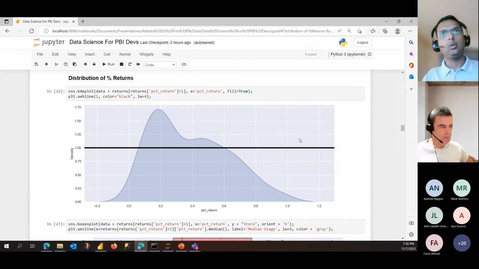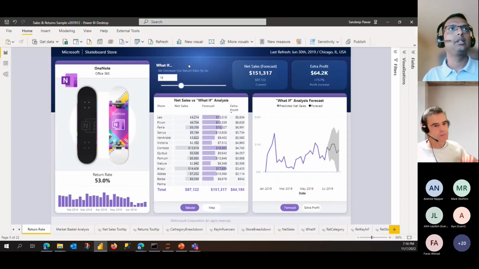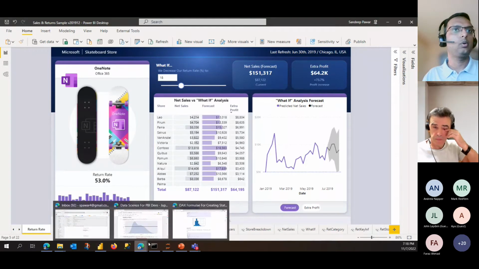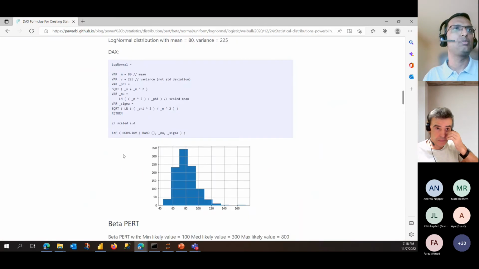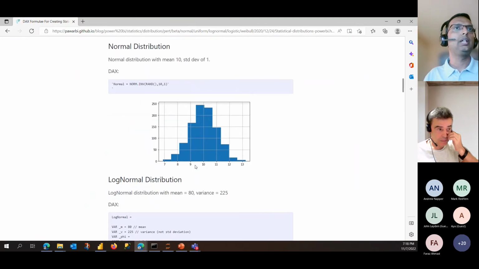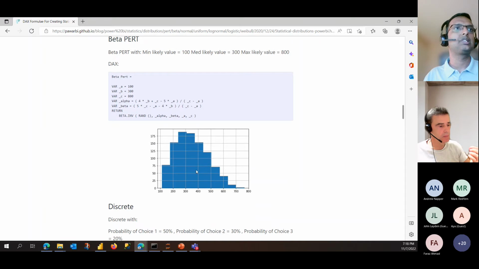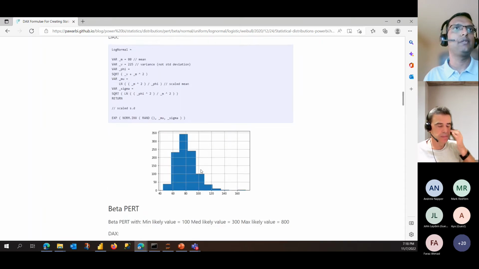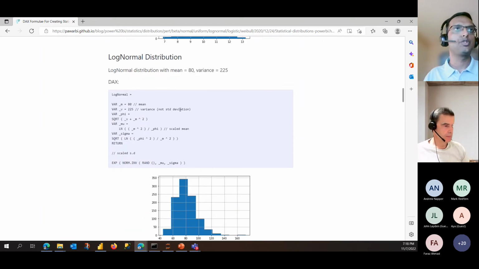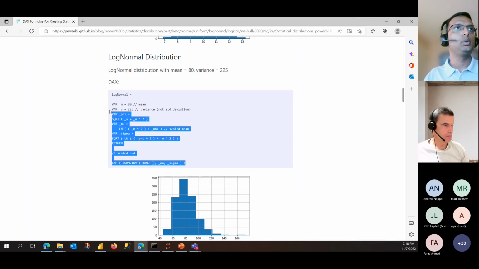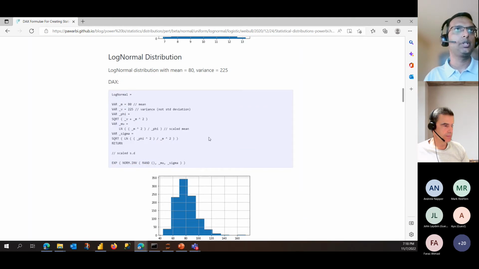Once you figure out how to do that, in the blog that I showed you earlier, where I wrote how you can create this distribution, you will see, for example, that maybe the distribution that fits best is the log normal distribution. What you will do is take this DAX code that I just created, which creates a distribution with a mean of 80 and a variance of 225.